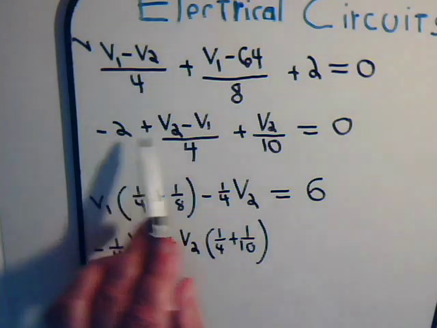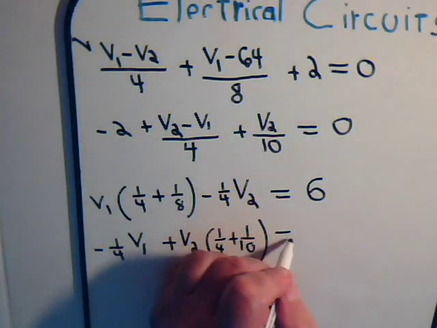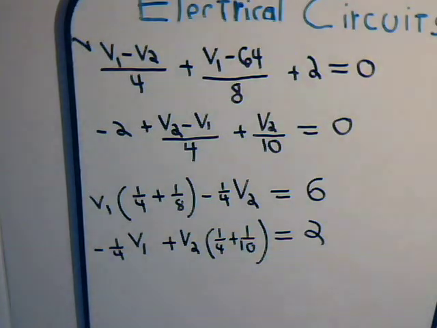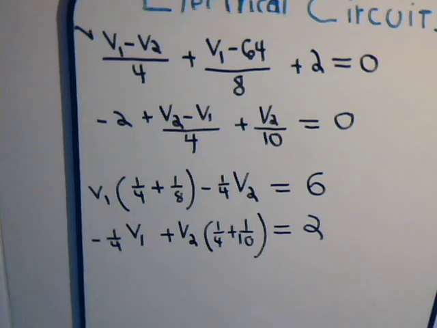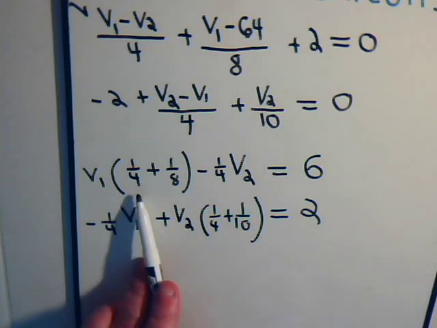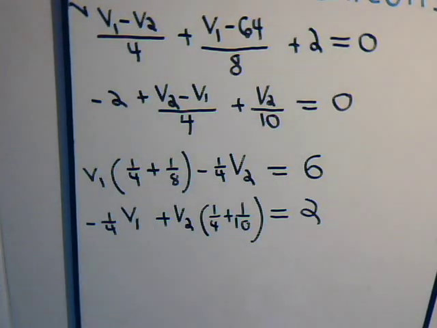And here we have minus 2, take it over to this side, that equals plus 2. Now 1/4 is 2/8.